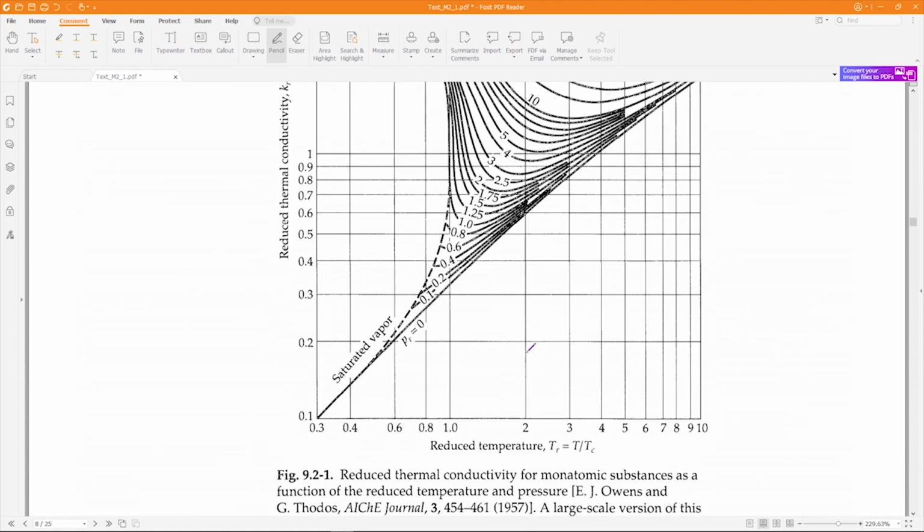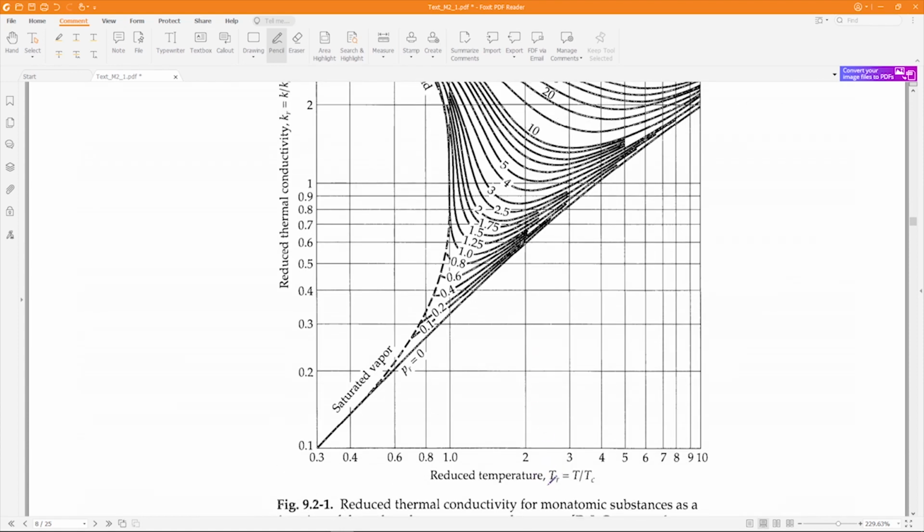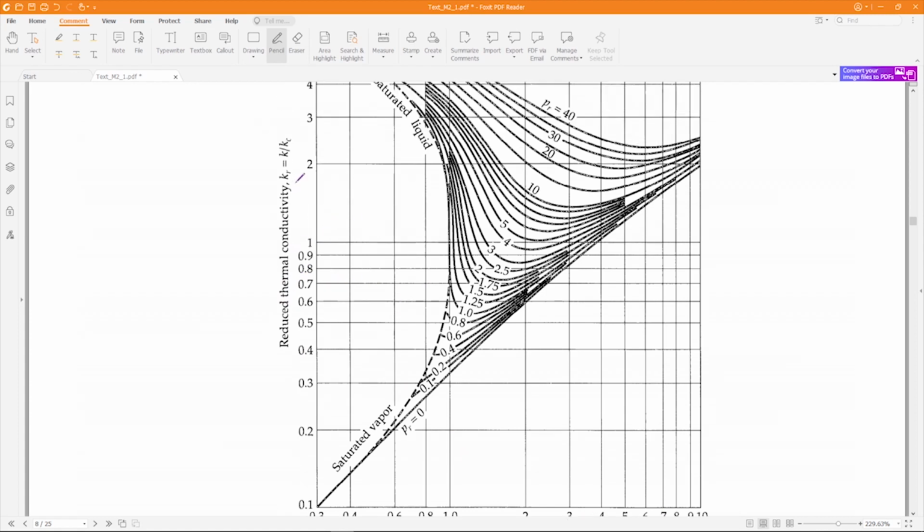Okay, so this graph is between the reduced temperature and the reduced thermal conductivity. Don't worry about the reduced temperature. This is done to make it dimensionless. Reduced temperature is nothing but T by critical temperature, and the reduced thermal conductivity is nothing but K by Kc, that is thermal conductivity at critical temperature.